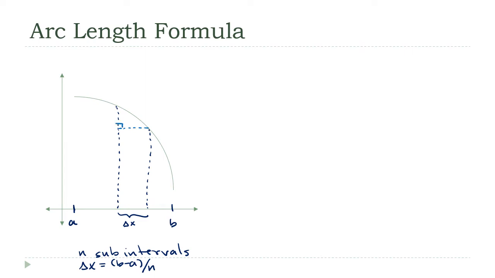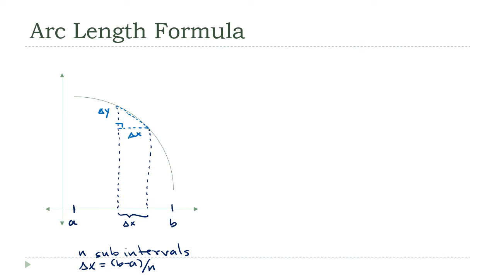Then the horizontal distance is delta x. I'm going to call the distance up here delta y. Then I'm going to draw in the hypotenuse here. You'll notice that hypotenuse is really close to having the same length as the corresponding arc that runs above it.